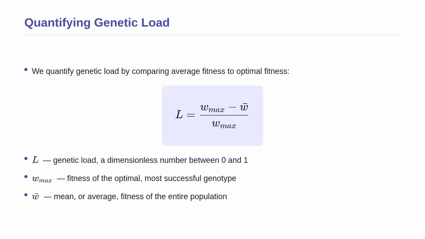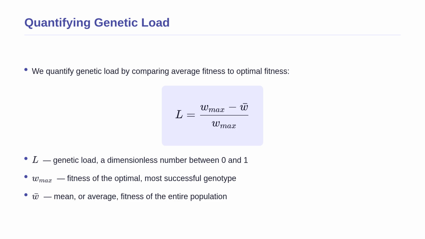To understand the exact toll these mutations take, we can quantify genetic load mathematically. The formula on screen calculates L, the genetic load, which is a dimensionless number between 0 and 1. The variable W max represents the fitness of the optimal, most successful genotype in the population.